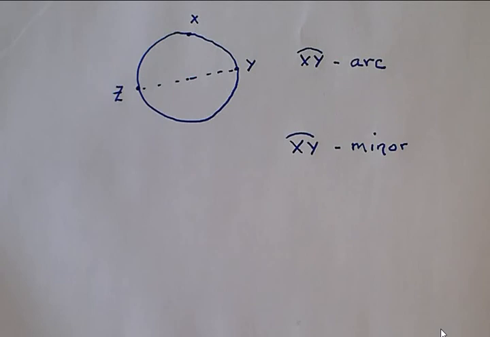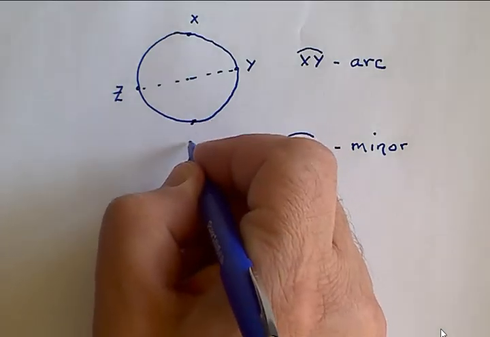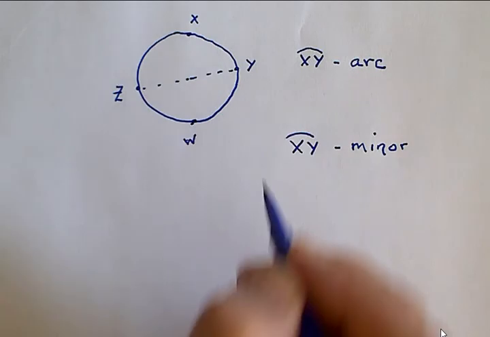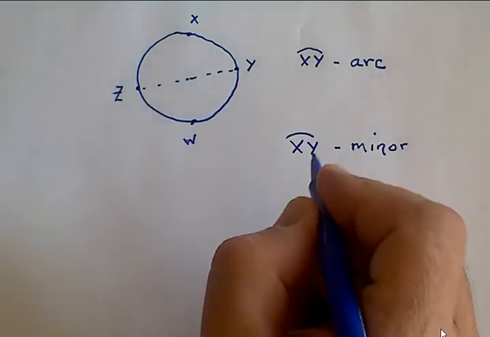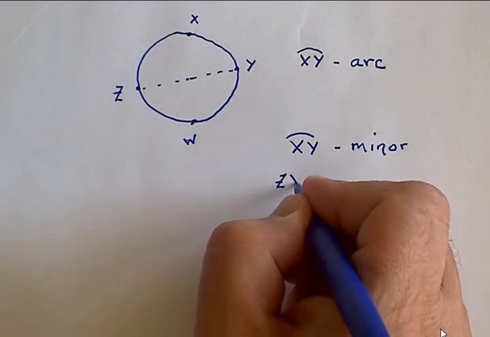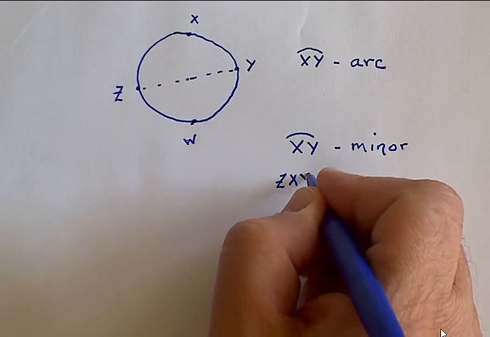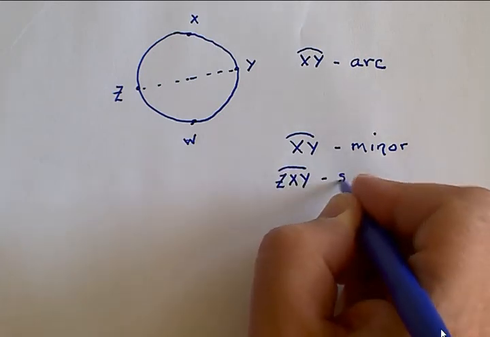So I'm going to designate another point over here, and call it W, because when you name a semicircle, there are two of them. They both start and stop at the same point, so how do you know which one is which? If I want the top semicircle, then I can start at Z, go through X, and then stop at Y. That would be an example of a semicircle.